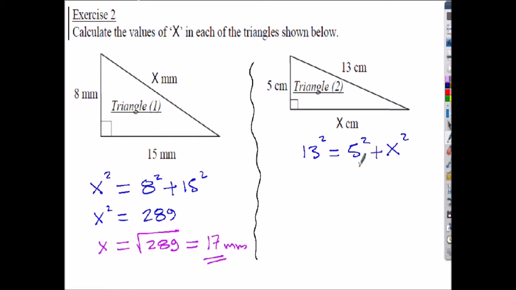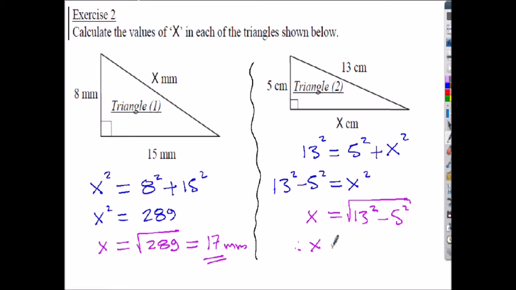Rearranging the equation, subtracting 5 squared from both sides, 13 squared minus 5 squared is equal to x squared. And just turning the equation around and square rooting, x is equal to the square root of 13 squared minus 5 squared. So therefore x is equal to 12 centimeters in this case.